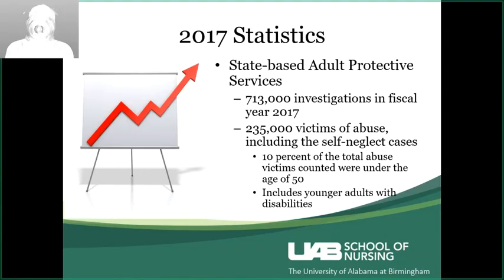The latest federal statistics about state-based adult protective services looked at 713 investigations, and they confirmed over a third of them, where 10% of the abuse victims counted were under the age of 50, and these are the vulnerable adults with disabilities.